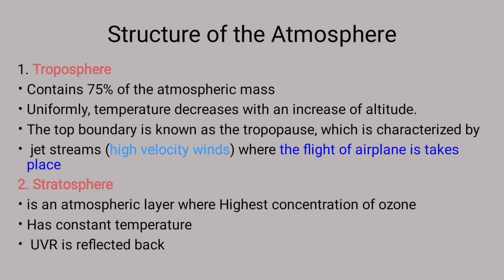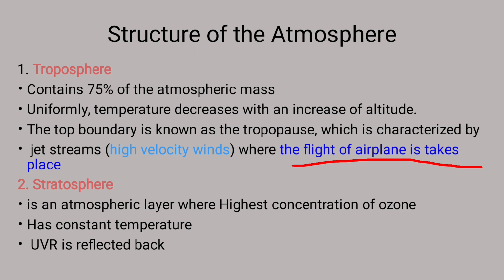The top boundary of the troposphere is known as the tropopause. This is characterized by jet streams or high velocity of winds, where the flight of airplanes takes place. So, the layer in which the airplane takes flight is the troposphere.